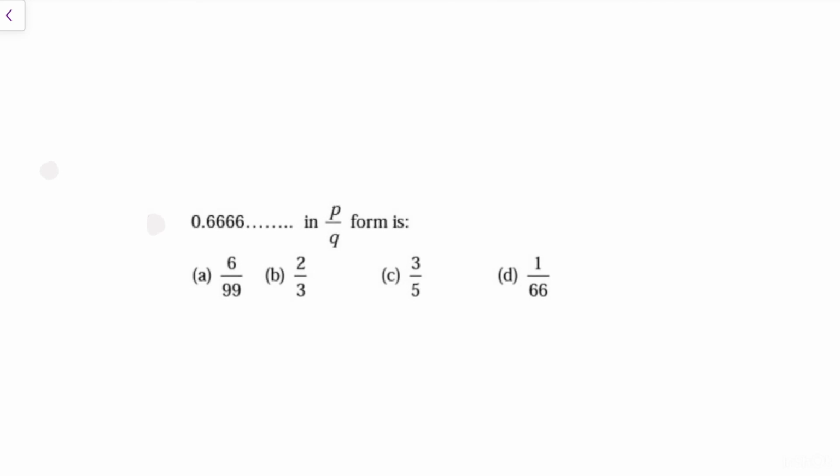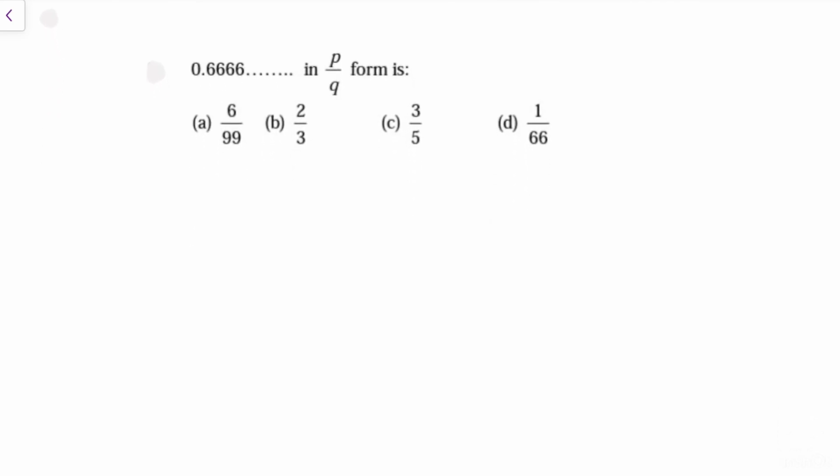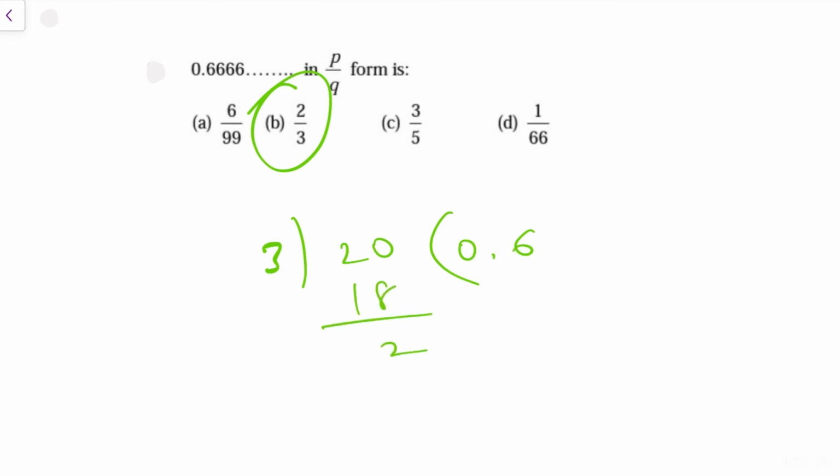Next one, 0.66666 and so on in p by q form. Here just one digit is repeating, so directly from the options we can decide. 2 by 3 is the answer, we can say directly. In the 3 table 2 won't come, so 0. 3 6s are 18, 2 remainder, again 0. 3 6s are 18, 2 remainder.